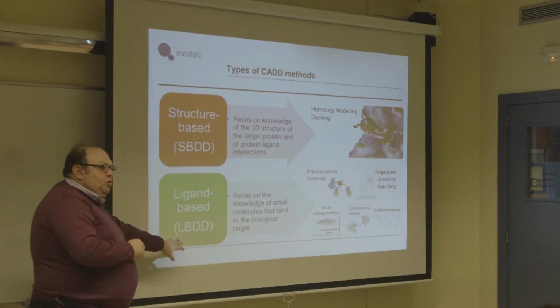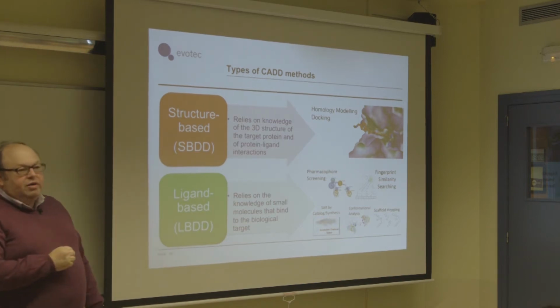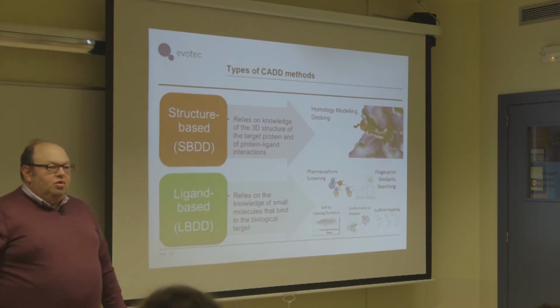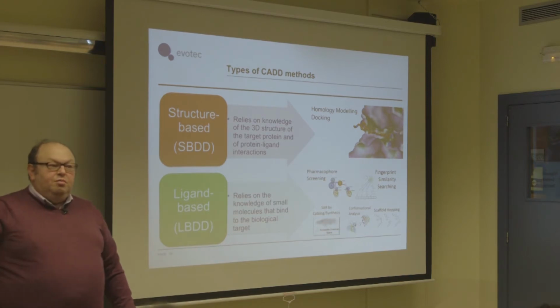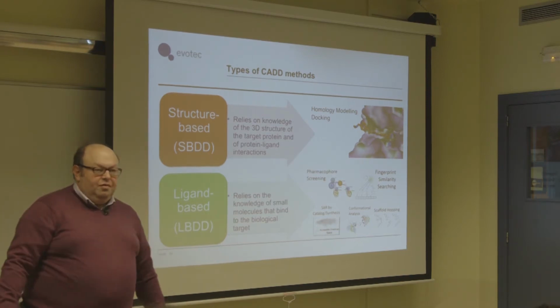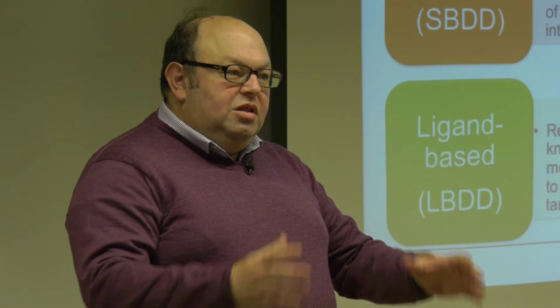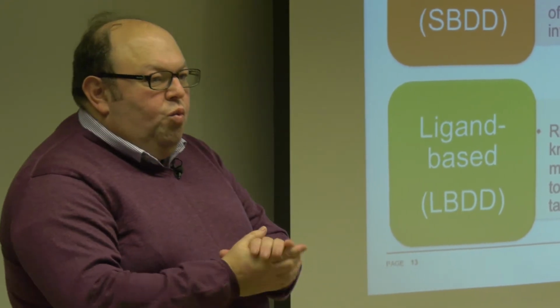We have another method called ligand-based. You don't know anything about your protein, but you have some information on other ligands or other molecules that bind to the same protein. So what can you learn, what information can you get?